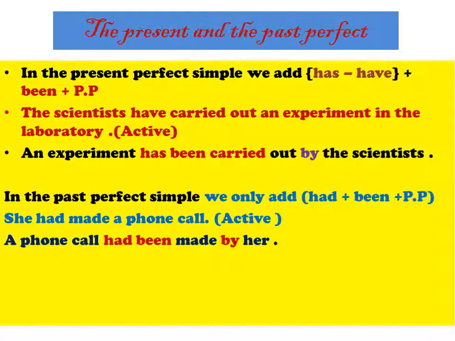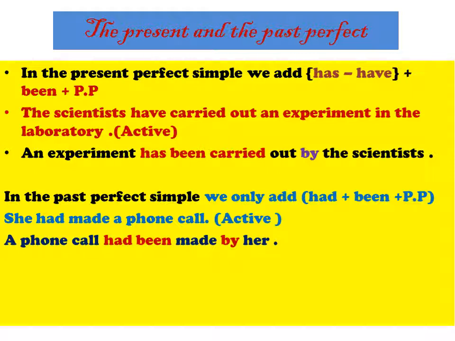Active sentence. I want to change it to the passive one. So an experiment is the object, has, because it's singular, been. Carried out, the same past participle form. Then we're going to add the one who did the action, by the scientists.